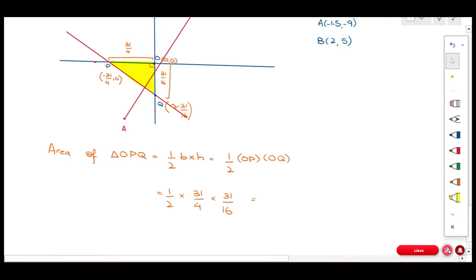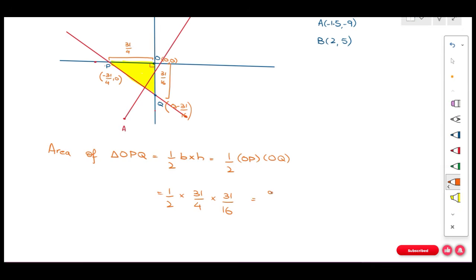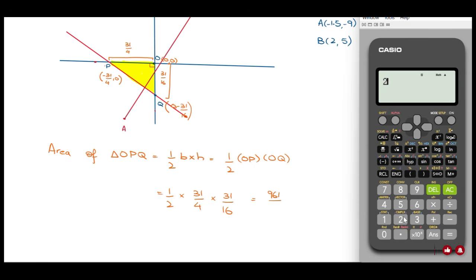Okay, so let me simplify this. 1 into 31 into 31, so 31 times 31, that is 961. 2 times 4 times 16, that is 128.